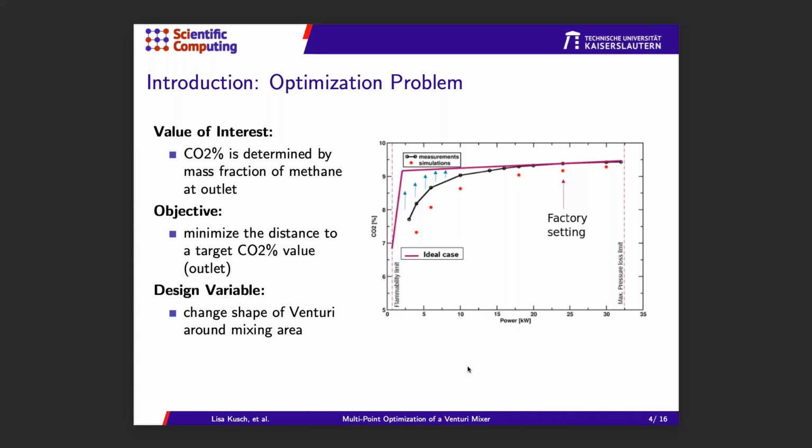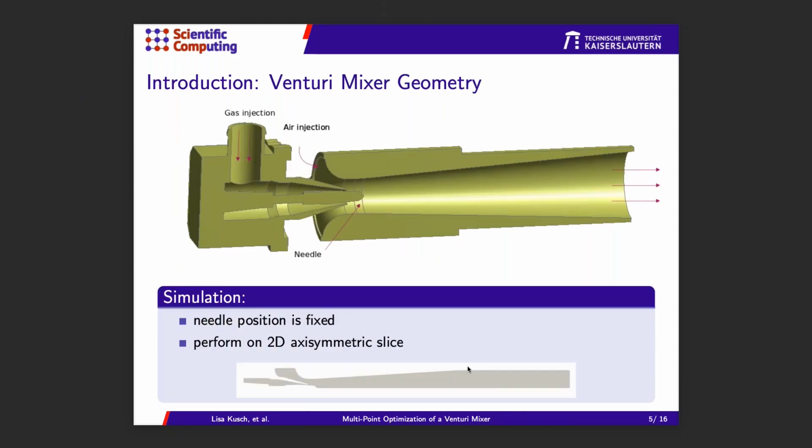So to look a bit more into detail on the geometry, this is a 3D cut through the 3D geometry. And what you see here is the air injection part, so the air inlet right here. And here's where the gas enters.